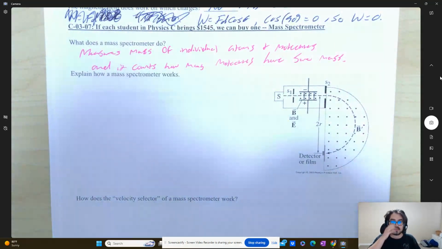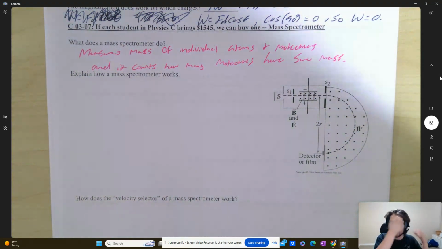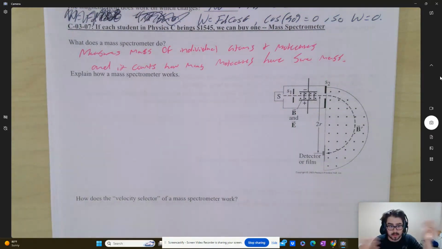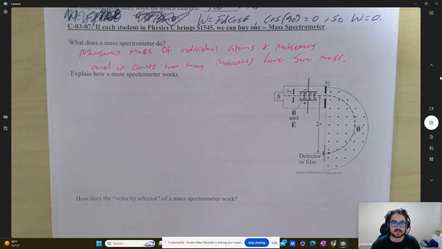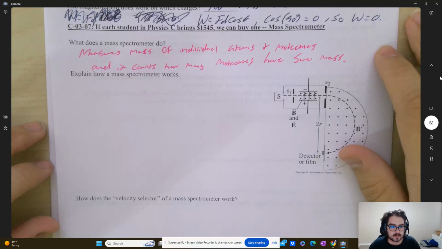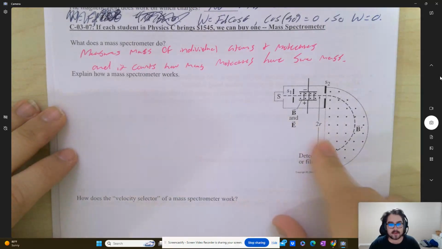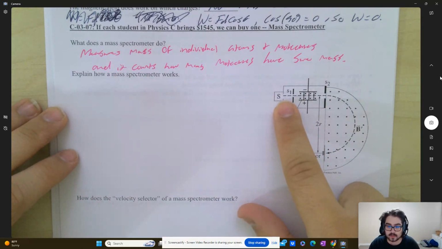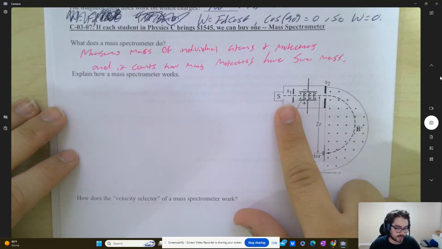Basically, it counts the number of atoms and molecules that a substance has in it. So you'd have a mass spectrometer, you put a substance into it, and it will actually count those atoms.